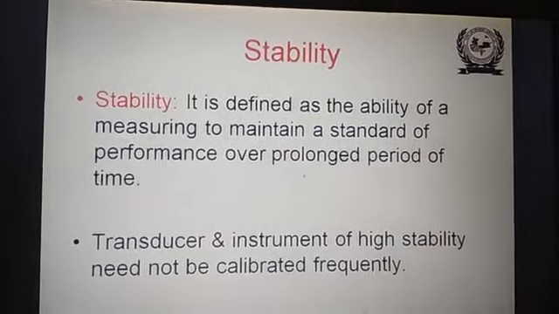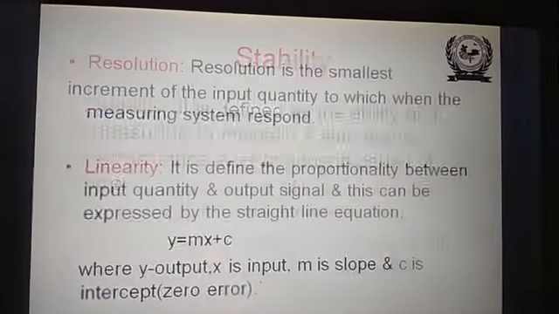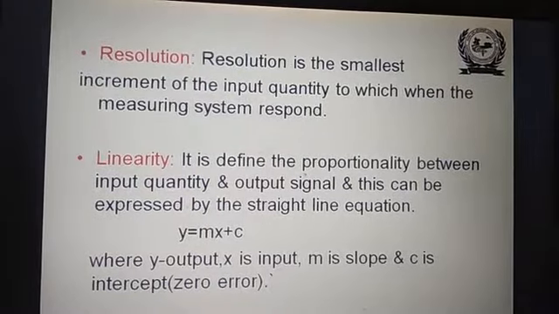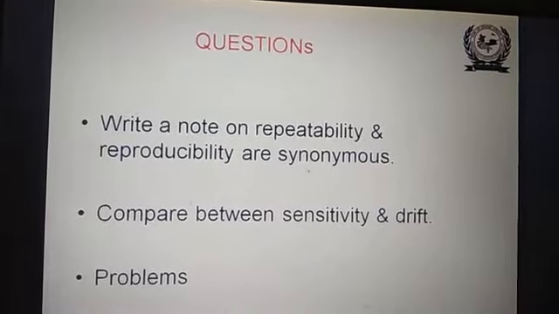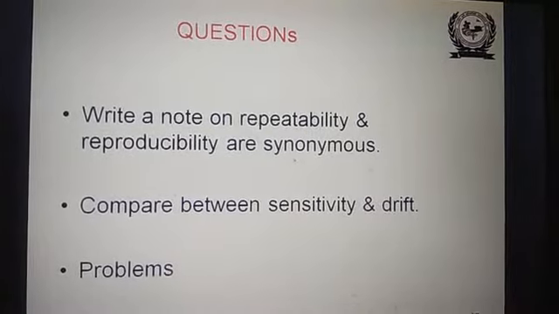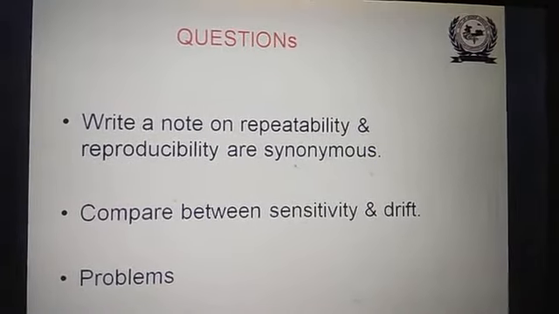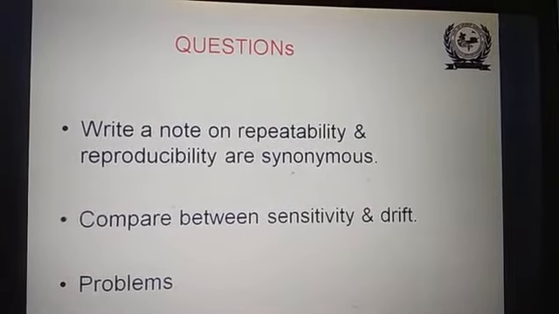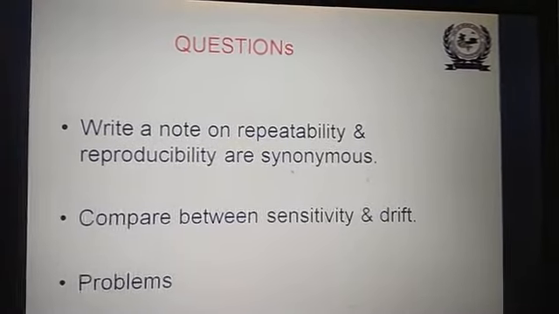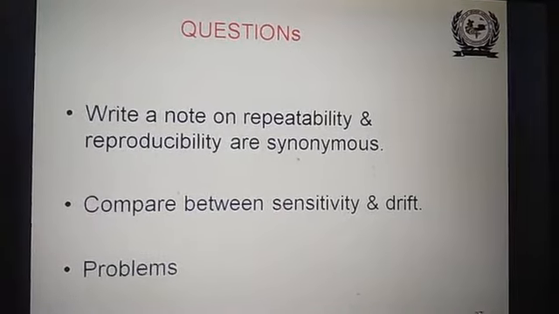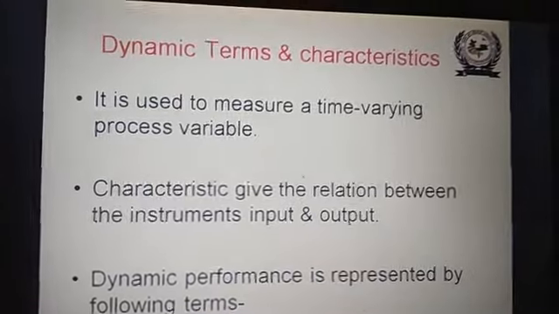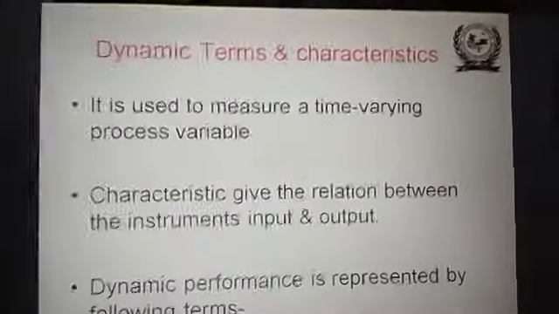These parameters we have seen. Later on we have gone through the stability, resolution, linearity, and then I asked you the questions. Write a note on repeatability and reproducibility are synonymous. Compare between sensitivity and drift and certain problems.